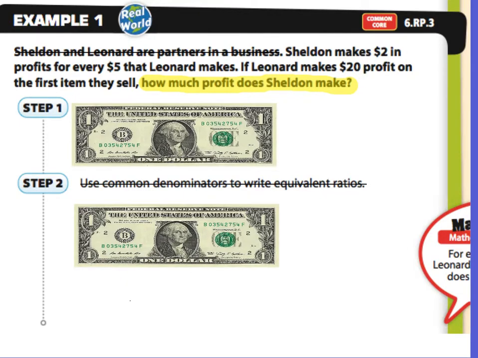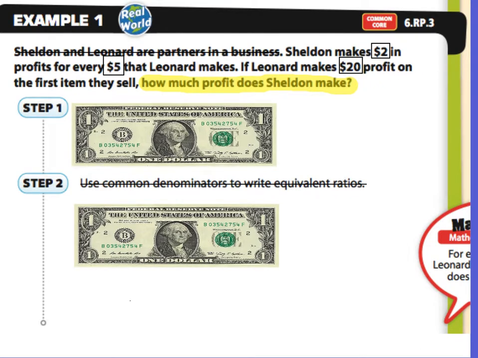Yes. All right, so right now I have to go ahead and box my important numbers. In this case, my important numbers would be 2, okay, for every 5, and then that Leonard makes 20.